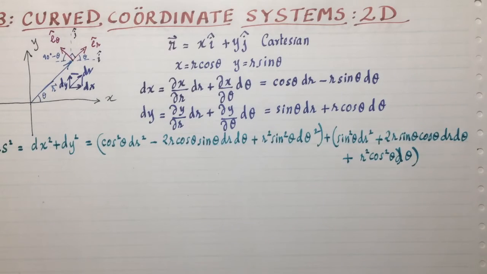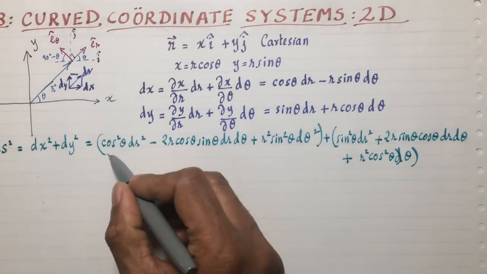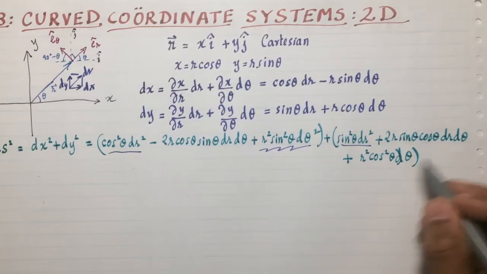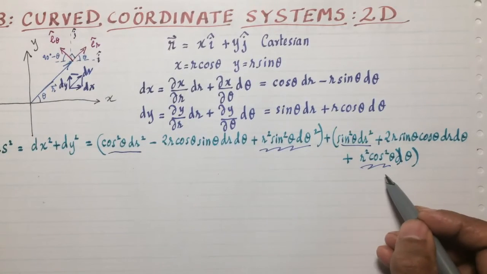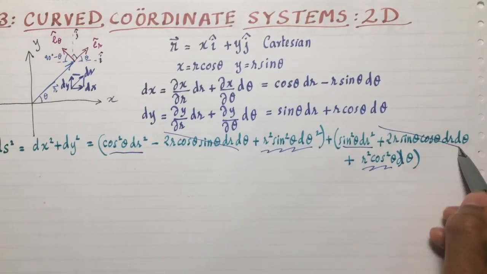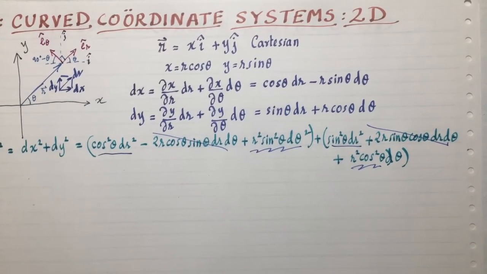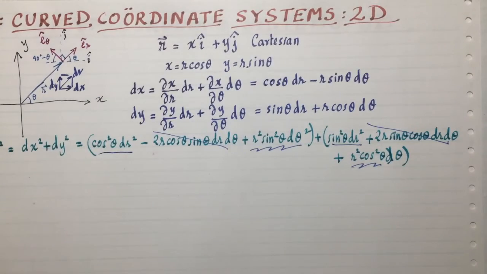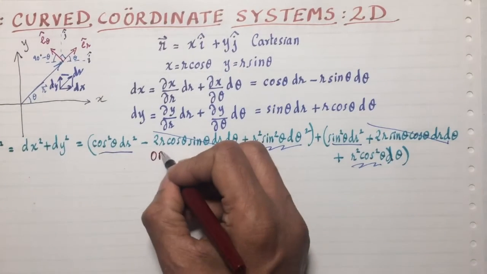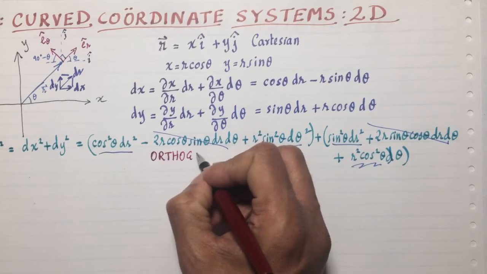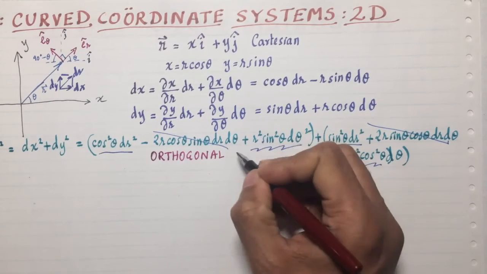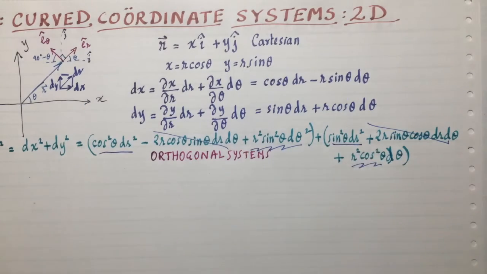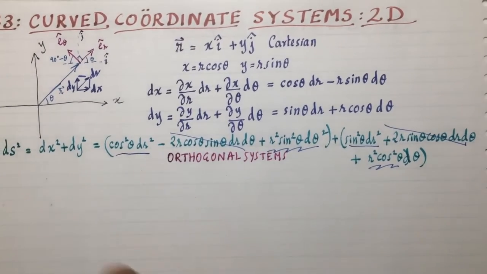Now you observe that sine squared plus cosine squared is 1. Now this and that will again be 1, and these two terms simply cancel out. So that's always a feature of systems called orthogonal systems, systems which have this orthogonality property, and that's an early signature that you have an orthogonal system in here.